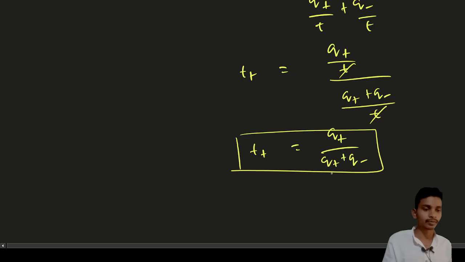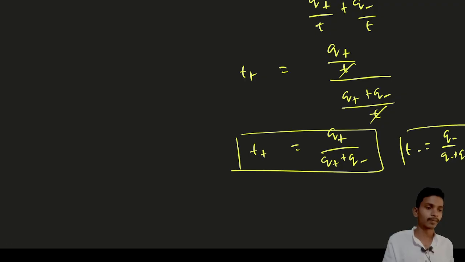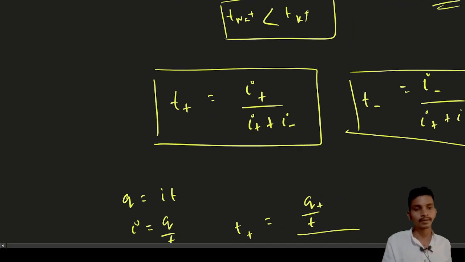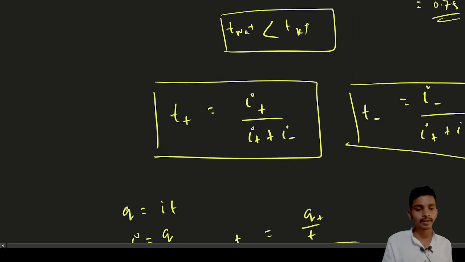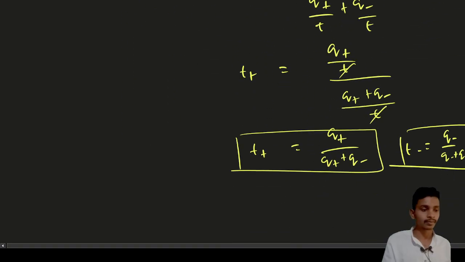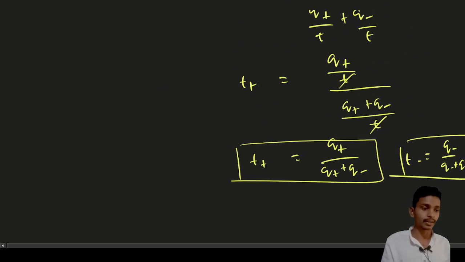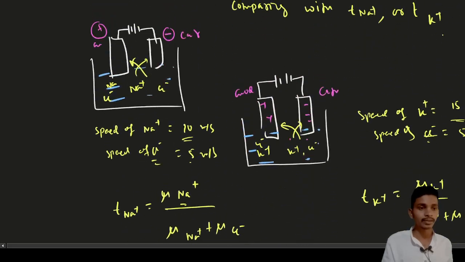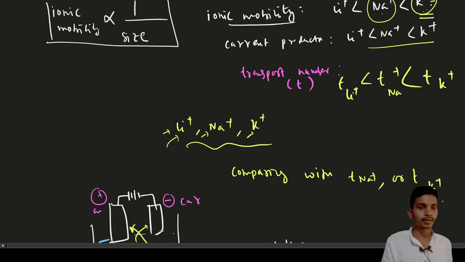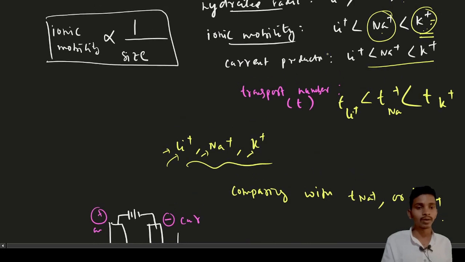Similarly for anions it will be the same. Similarly, this is directly proportional to I, current carried by ions. From here we see that current carried and ionic mobility go the same way.